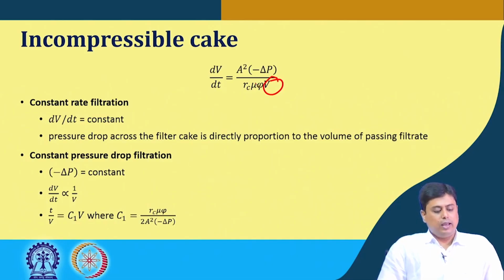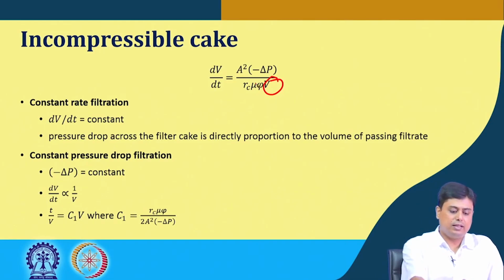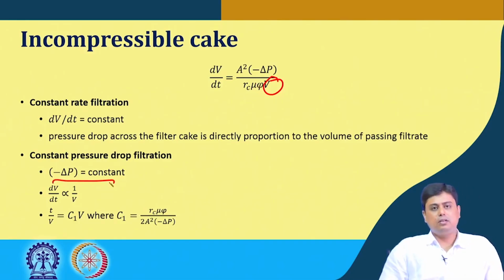Now, if we have this constant pressure drop filtration, as I said, the most frequent scenario, what we can see is that this del P is constant in such cases.